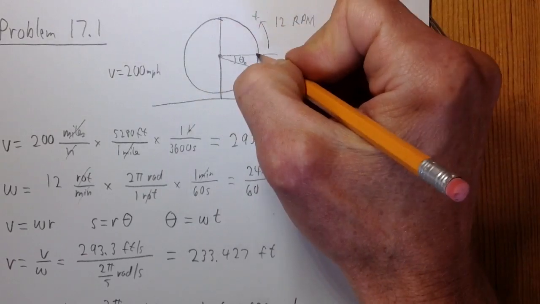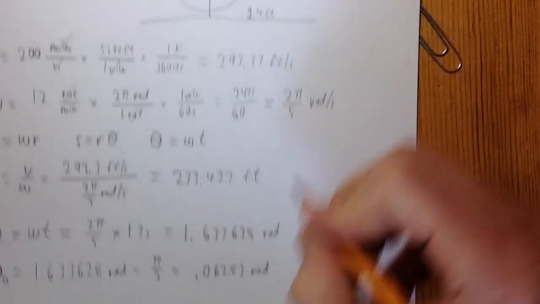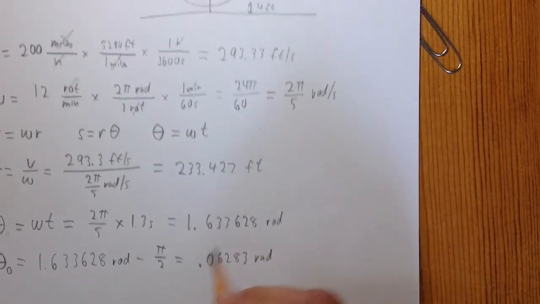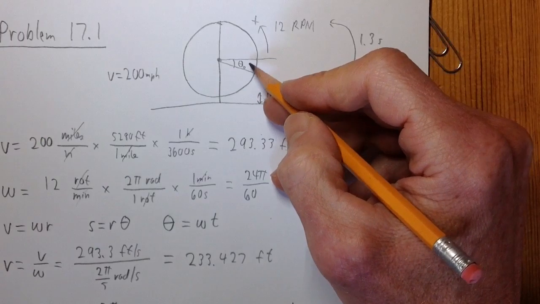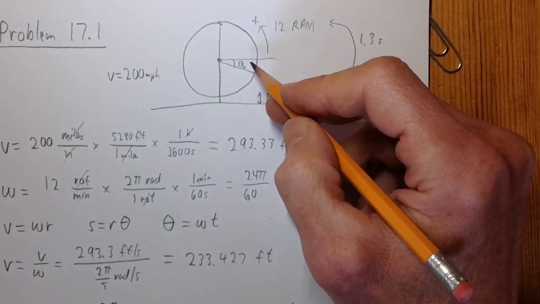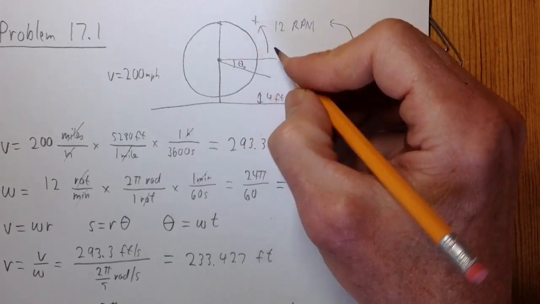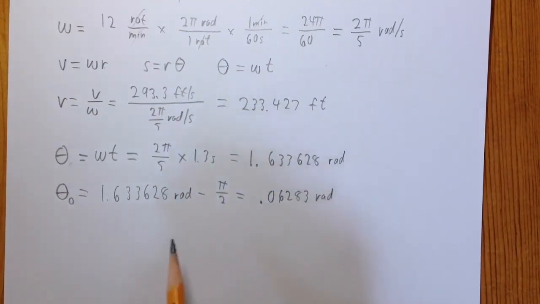Here's 0, 30 degrees, 60 degrees, 90 degrees, whatever. So this is actually negative. So really, the starting angle is equal to 0.06283, but if we want to actually measure it, we should say it's negative that, because that's how far below it is. So just keep that in mind. That's kind of like a negative angle.